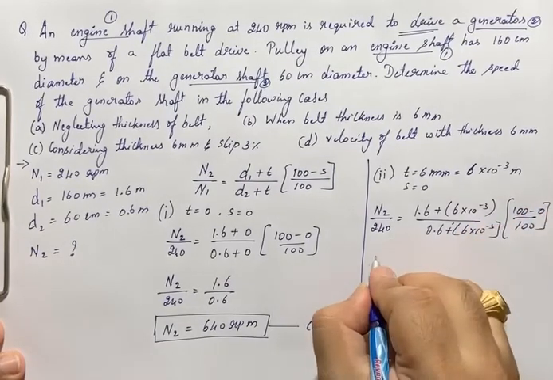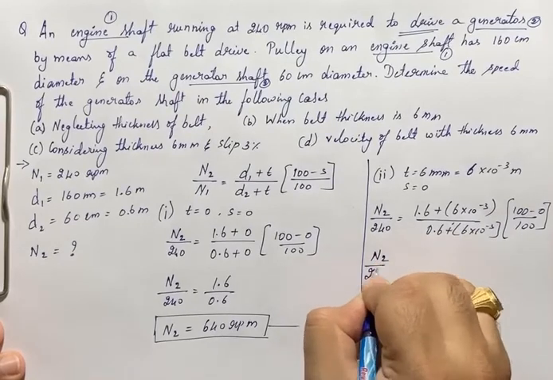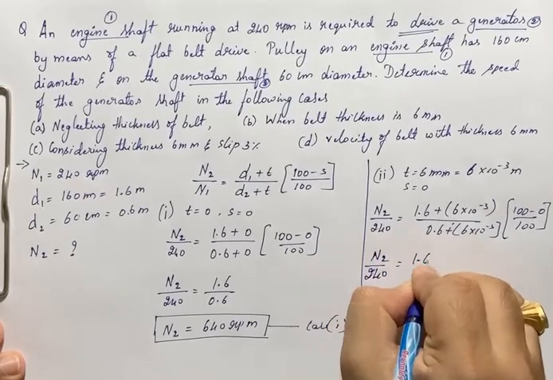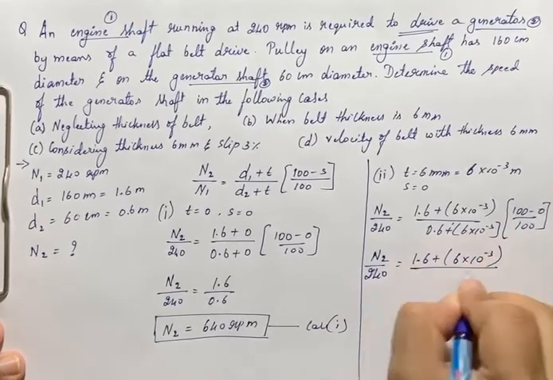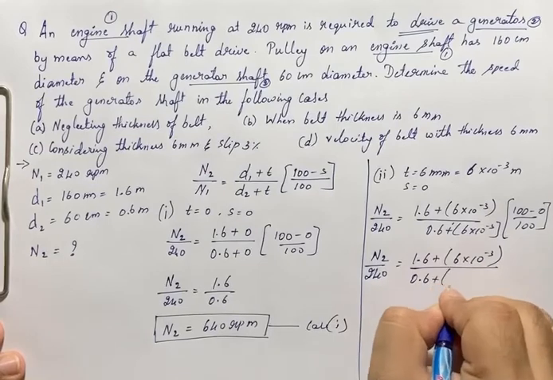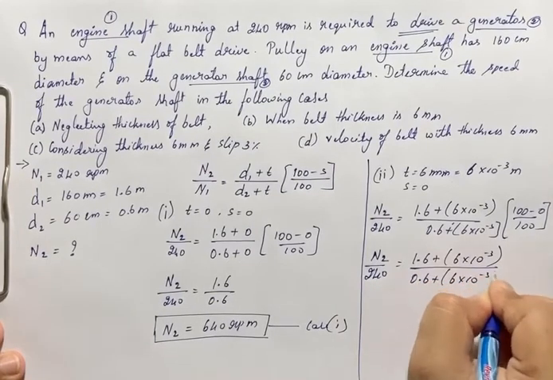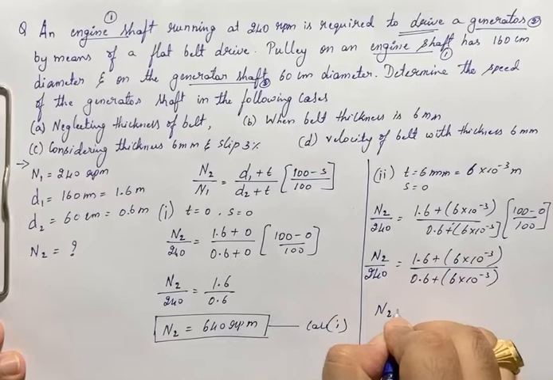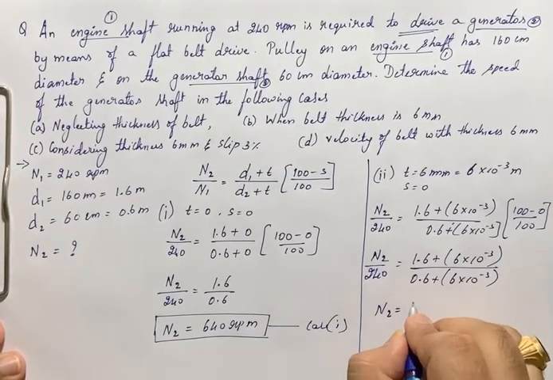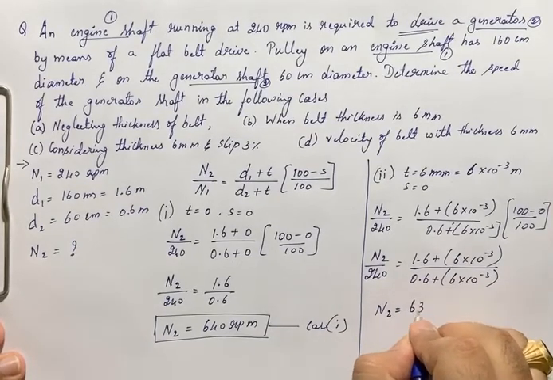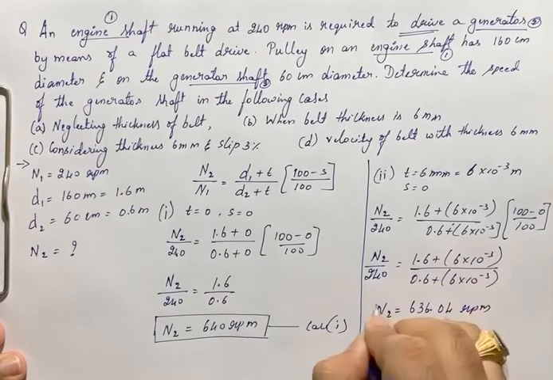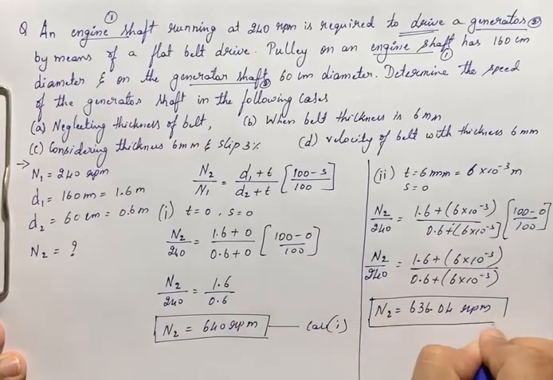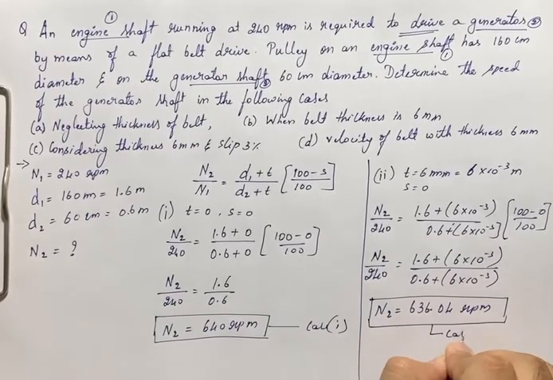So only N2 divided by 240 is equal to 1.6 plus 6 into 10 raised to minus 3 divided by 0.6 plus 6 into 10 raised to minus 3. So N2 will be 636.04 RPM. This is for case 2.